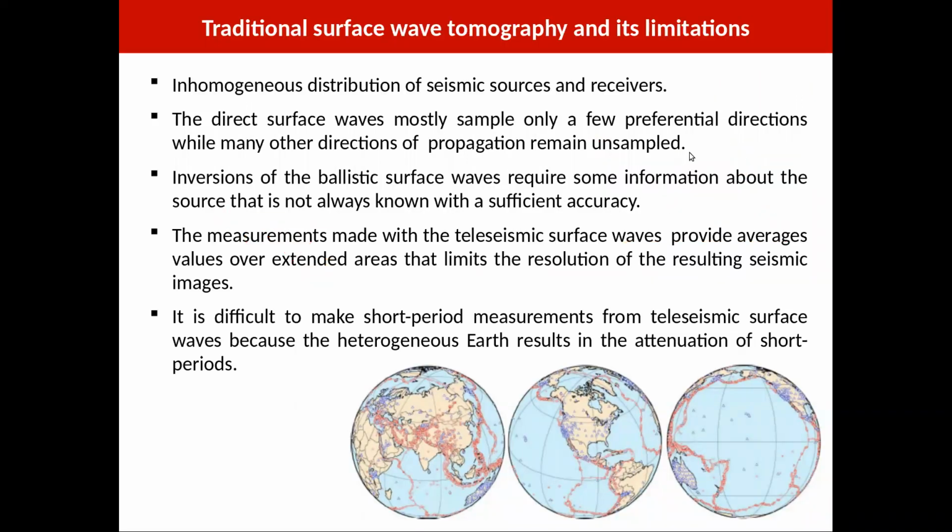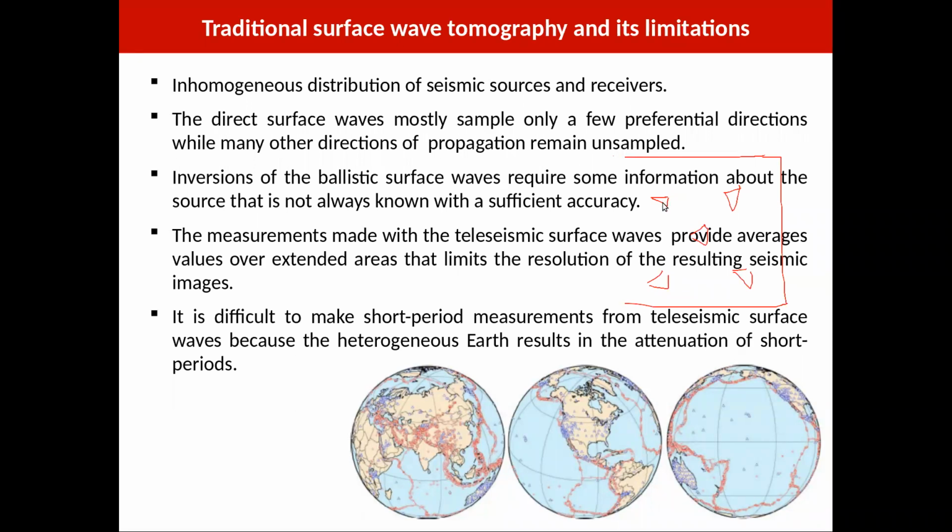These limitations can be removed if we consider the ambient noise method, because now you have stations in your study area, and each station can serve as a source if we cross correlate the noise signals.